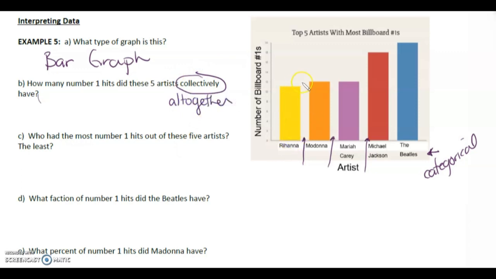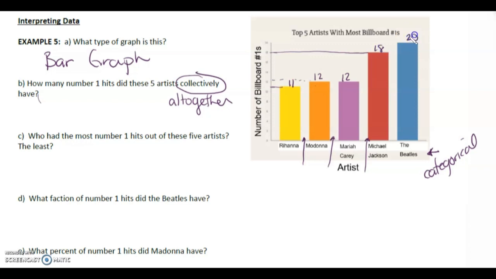Okay, so let's actually count. And what I do is I usually count and put the number on the top here. So Rihanna has 11, because that's between 10 and 12, right? Madonna has 12, making Mariah Carey 12, right? Those are the same height bar. Okay, this is going to be 18, 14, 16, 18.